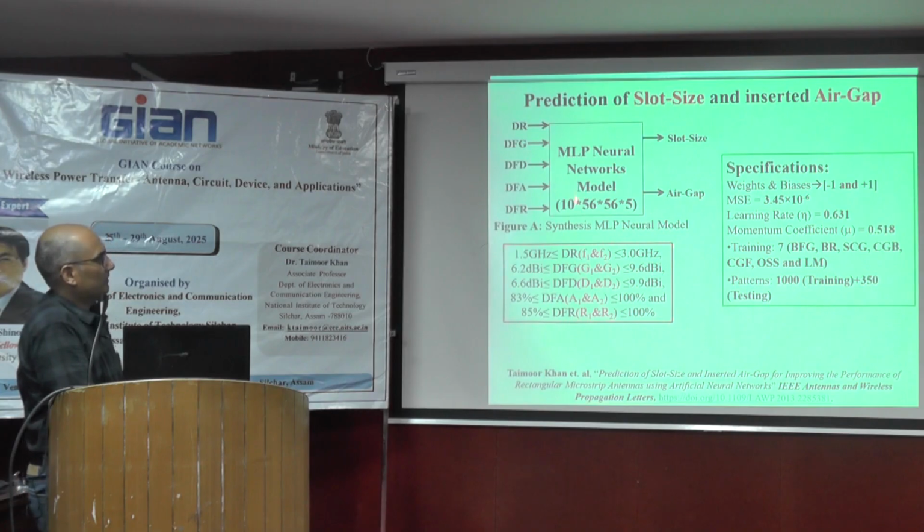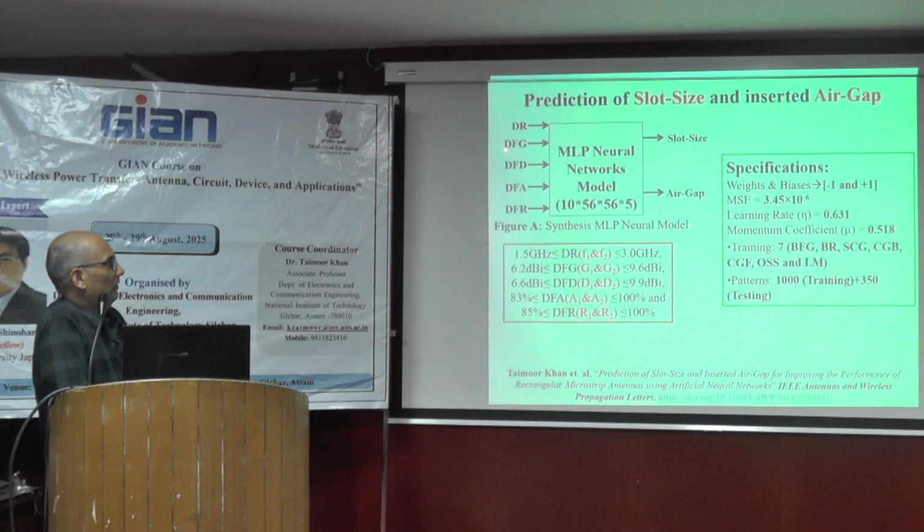And finally coming to the model: DR means dual resonance, dual frequency gain, dual frequency directivity, dual frequency antenna efficiency, dual frequency radiation efficiency. Then you need to predict the slot size as well as the air gap. Your requirement is to have a certain amount of gain that is given here, and you need to derive that geometry.